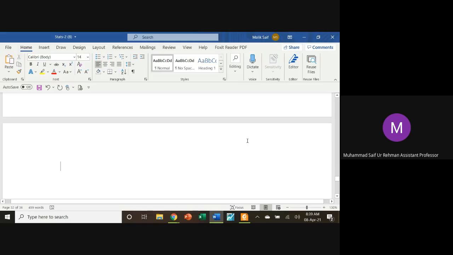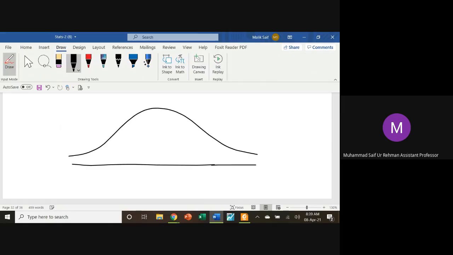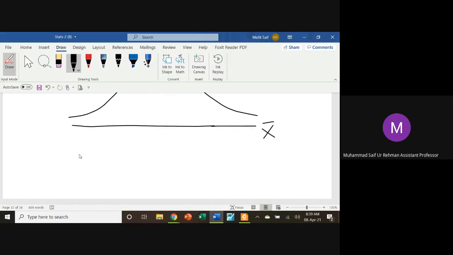So basically, initially, if you see, we were taking into our account one population, and we were saying that that population is normal. And on this axis, we were taking x bar. That was the distribution of sample means. Okay, because we were taking different samples, and then definitely sample means.